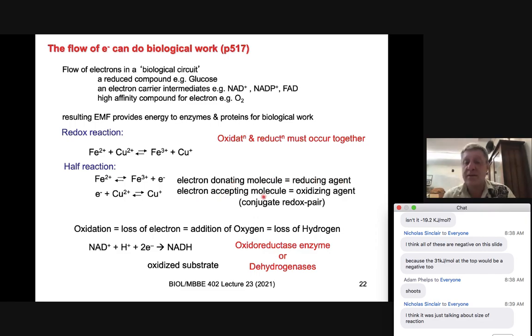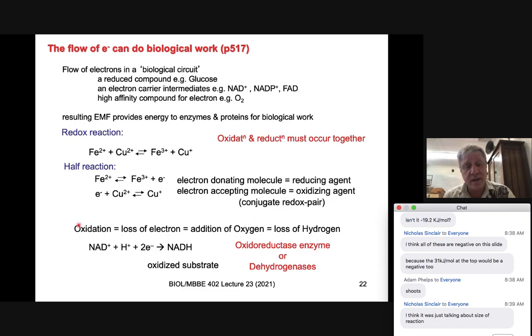The electron accepting molecule is the oxidizing agent. And as they are combined as a pair, because they must occur together, they are called the conjugate redox pair. So we're going to see this occurring not so much with these types of molecules, but with this type of molecule in the form of NAD+.